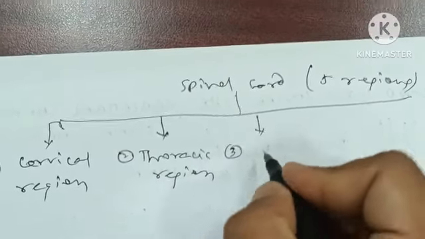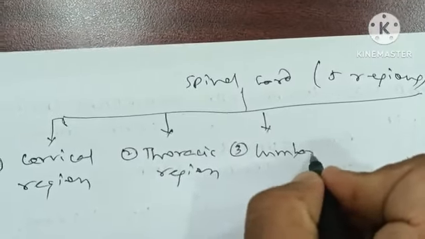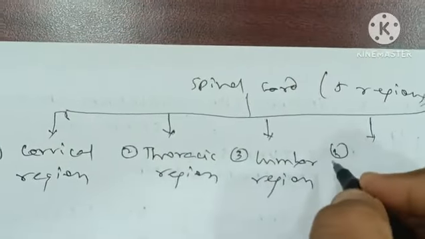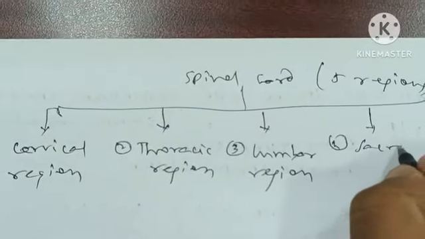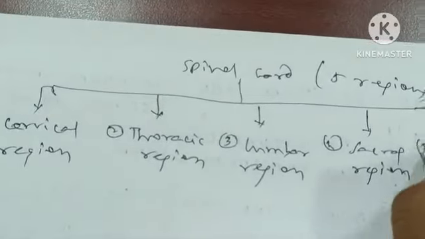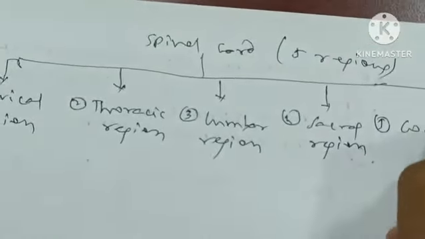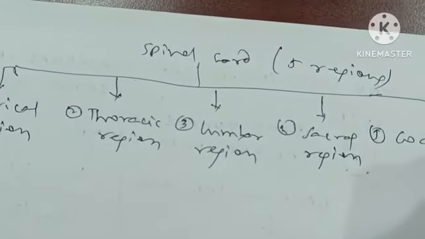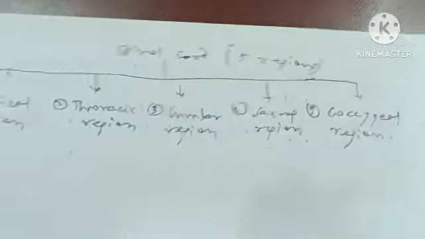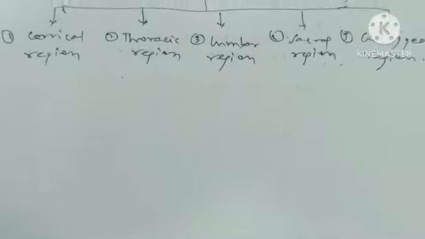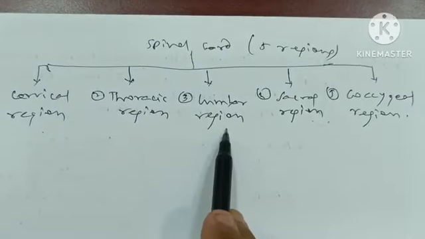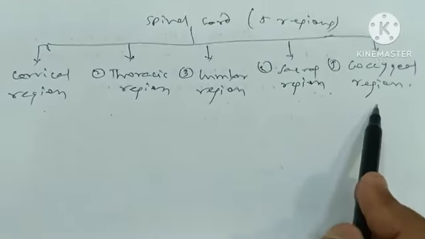Third one is the lumbar region. Fourth one is the sacral region. And fifth one is the coccygeal region. So the spinal cord is divided into 5 regions: cervical region, thoracic region, lumbar region, sacral region and coccygeal region.